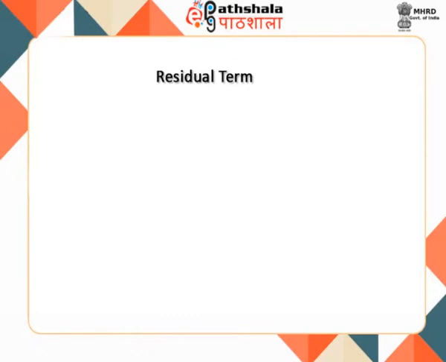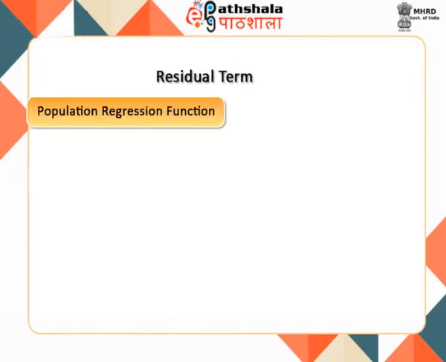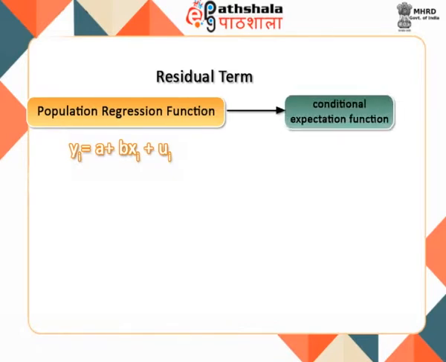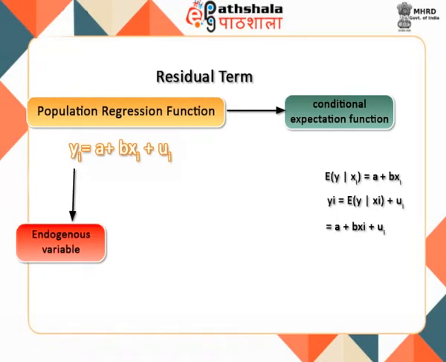In the simple regression model, the population regression model is given by yi is equal to a plus b xi plus ui. It is important to point out that it is also a conditional expectation function. Here y is referred to as the endogenous, dependent or explained variable, and x is the exogenous, independent or explanatory variable.